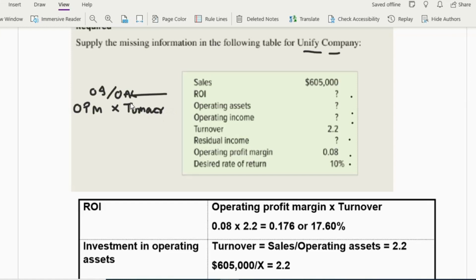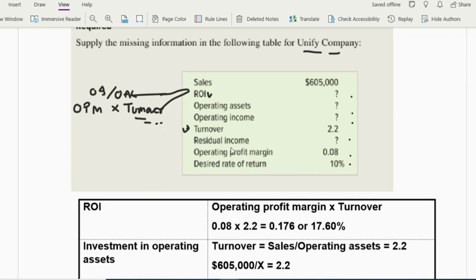Its details are given in the chapter discussion. So these are the formulas for ROI. Operating assets we will be figuring out. Operating income we can also calculate from any formula. We have turnover, so it seems I can calculate ROI with the help of the turnover formula.